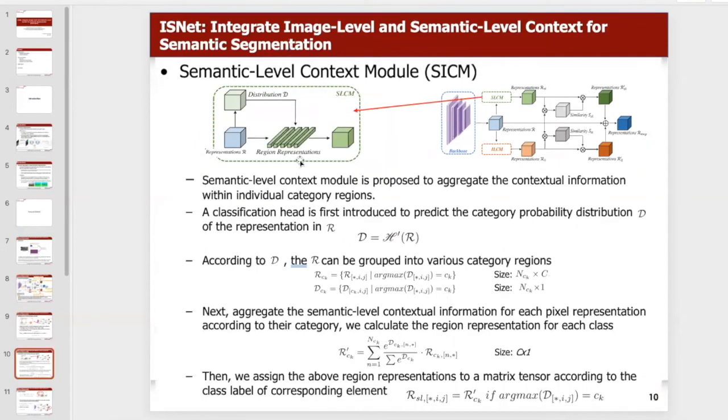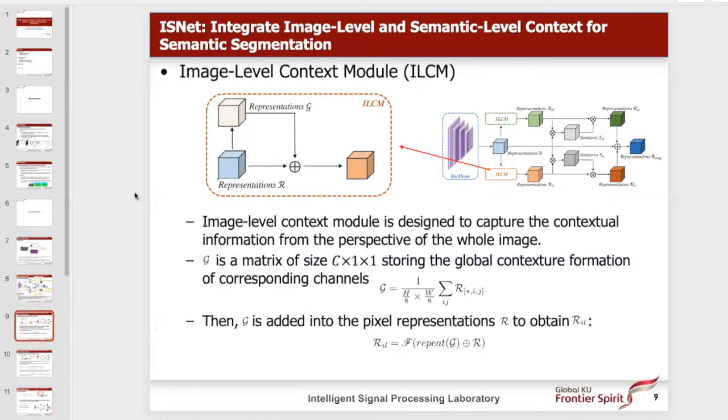And can you go back? Yeah, the second line, G. Okay, so you have on the denominator H and W. Where do they come from? H represents the height of the input, and W represents the width of the input.